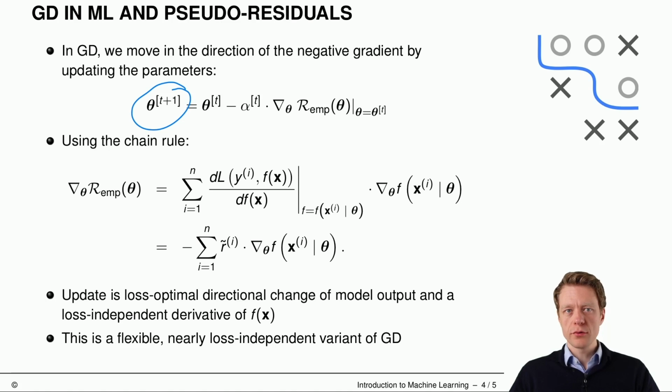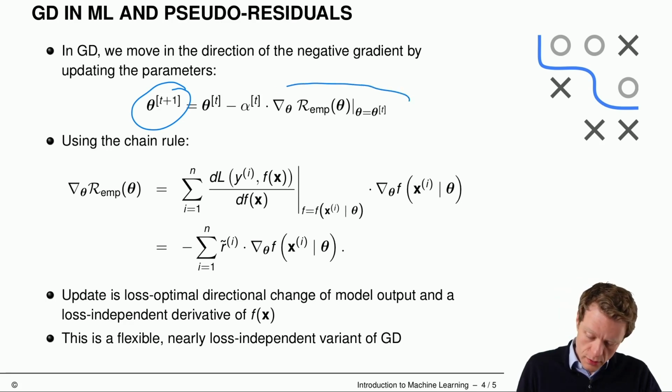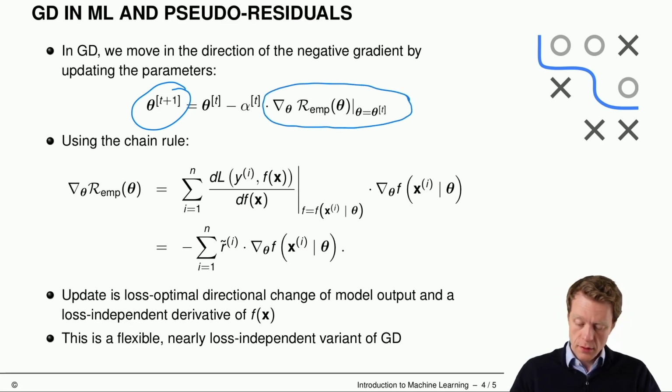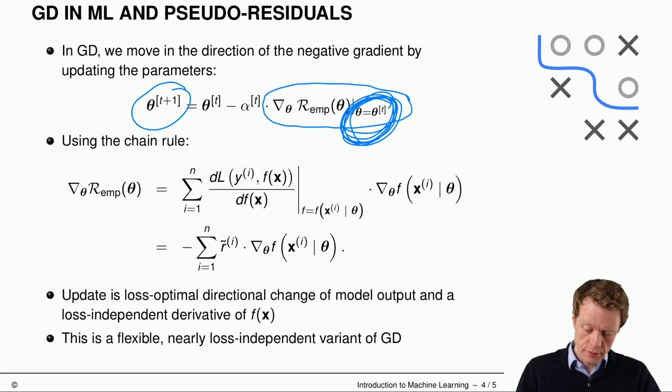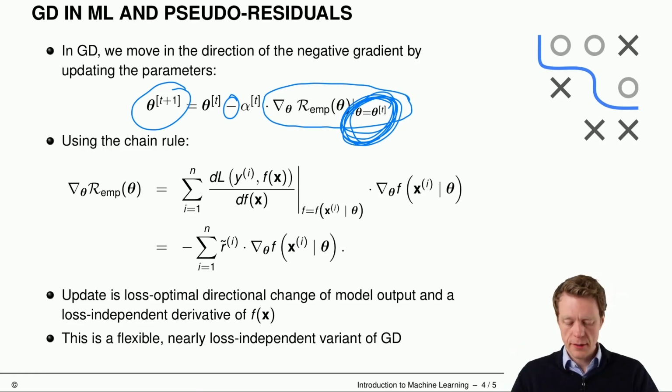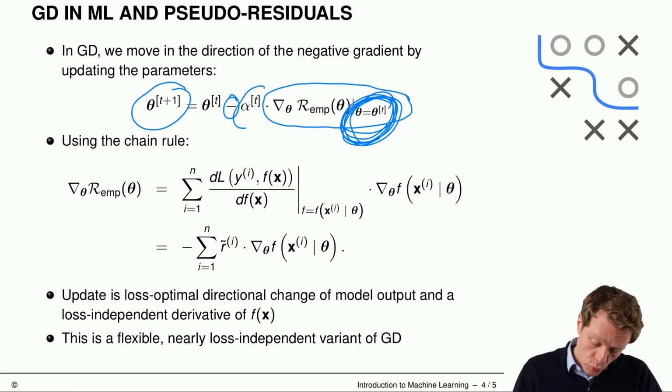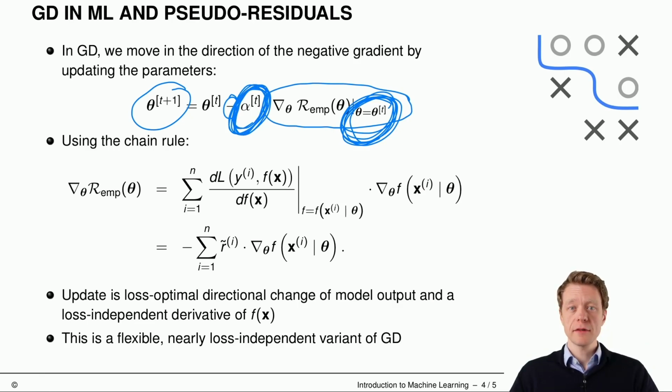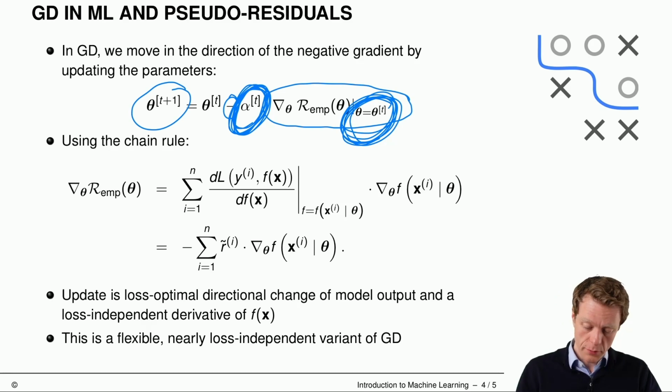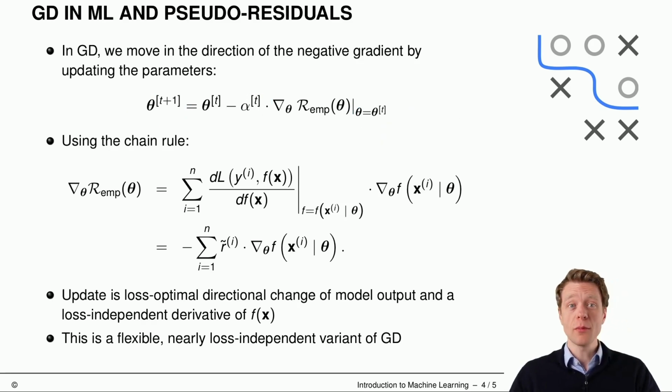And we would like to improve somehow, so we look at the derivative of the empirical risk at this point, and we go in the negative direction. As you have seen before, if the gradient is positive, then we go to the left, right? And perhaps we would like to scale this gradient by some step size alpha, which could always be the same alpha, or which could also change through time. And hopefully at some point we get to the global minimum of the risk.